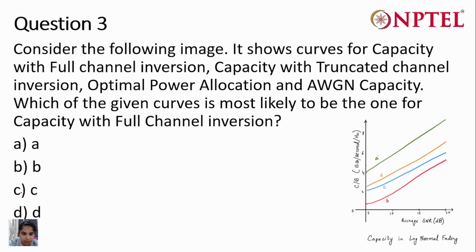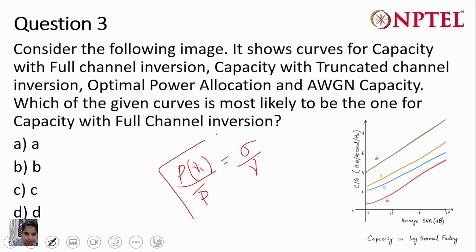So P of gamma by P bar will be sigma by gamma, where sigma is some constant. This will be for full channel inversion. For truncated channel inversion, it means you won't do this for a bad channel. That is, you omit bad channels and you do channel inversion only for considerably good channels, say only for channels whose gamma is greater than or equal to gamma naught.